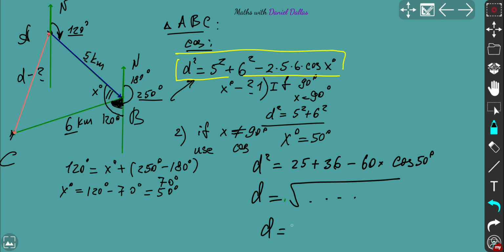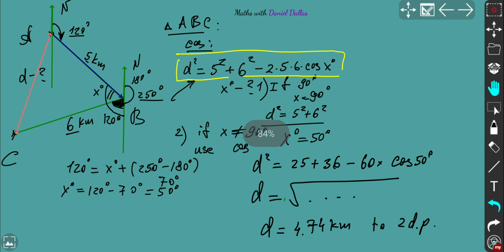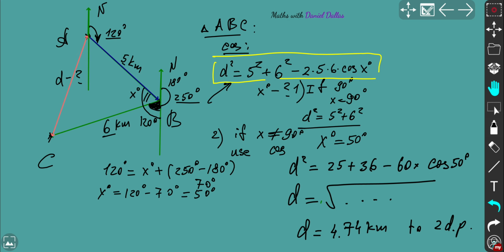All right, so I'm going to use the square root of 25 plus 36 minus 60 times cos 50. Make sure your calculator is in degree mode. In this case, what I've got is d is around 4.74 kilometers, to two decimal places. All right, so that's my answer.